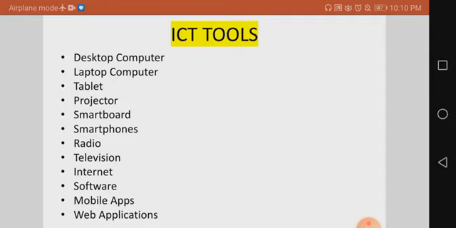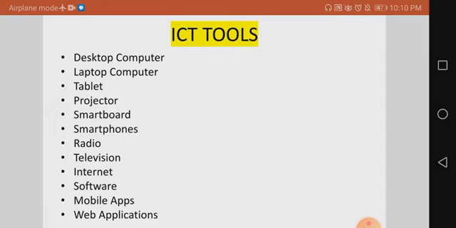Smartphones, obviously, so these days every family has smartphones. These are multitasking devices: you can surf the internet, monitor your health, do online transactions, and do online shopping. So many things are being done with the help of smartphones.